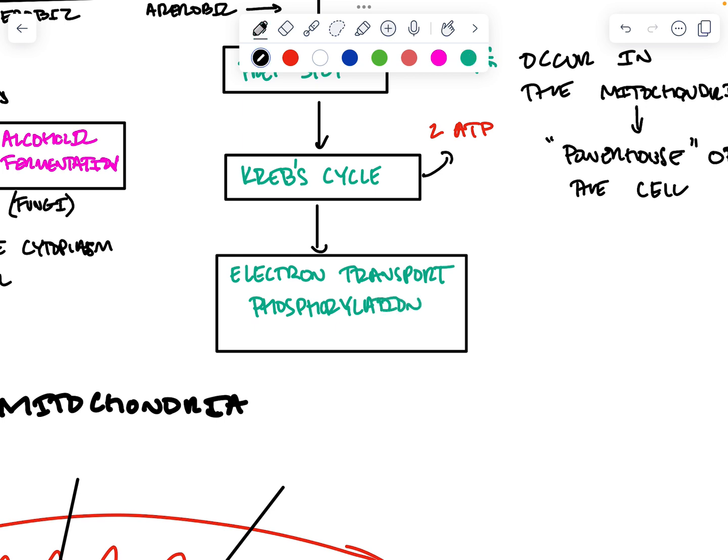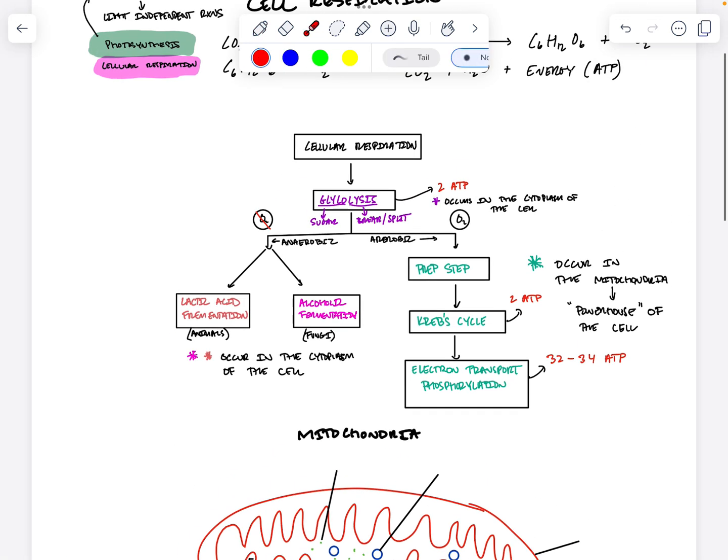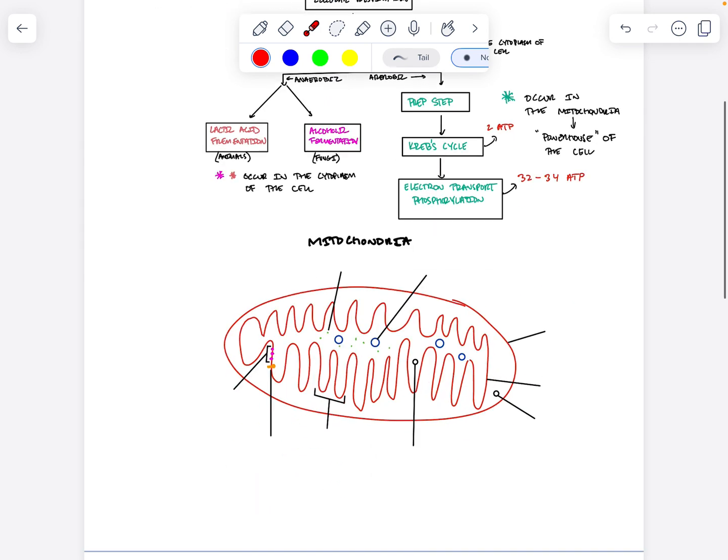And during this phase, between 32 and 34 ATP are produced. So if you're doing anaerobic cellular respiration, only 2 ATP are produced per molecule of glucose. But if you're able to do the complete aerobic pathway, then you can get up to 38 molecules of ATP per glucose molecule. So a lot more.